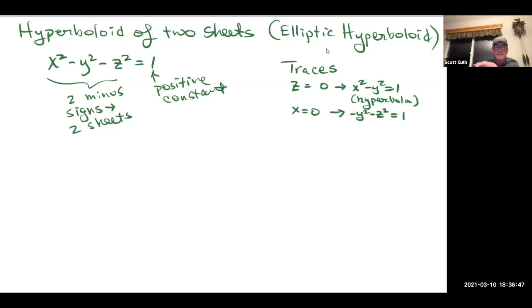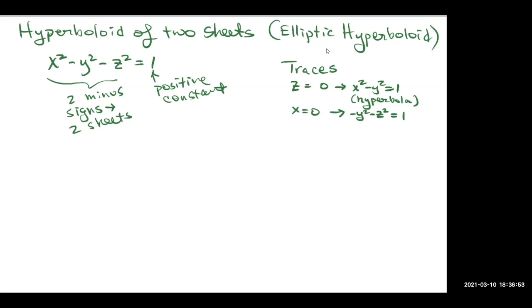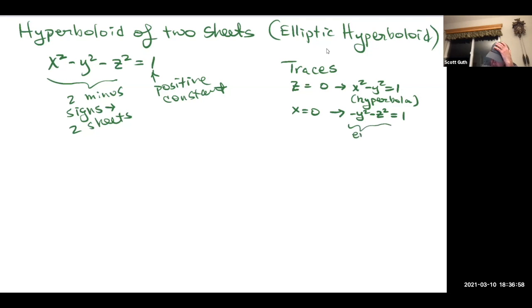Tell me about that. Is that possible? No, it's not. Okay, so this is empty. There are no solutions to that. So this is kind of what's responsible for the tearing in the graphs into two sheets.